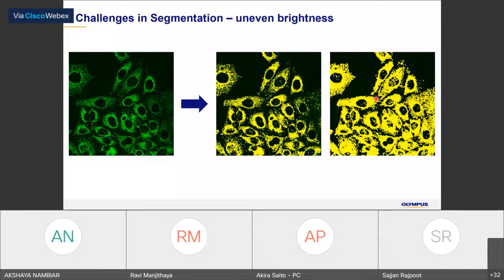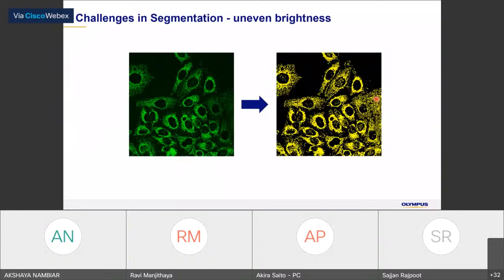So this kind of thing might happen in image segmentation. If you want to go further, with more complex segmentation, you can do it and you can identify each mitochondria very well, but this kind of issue might happen.